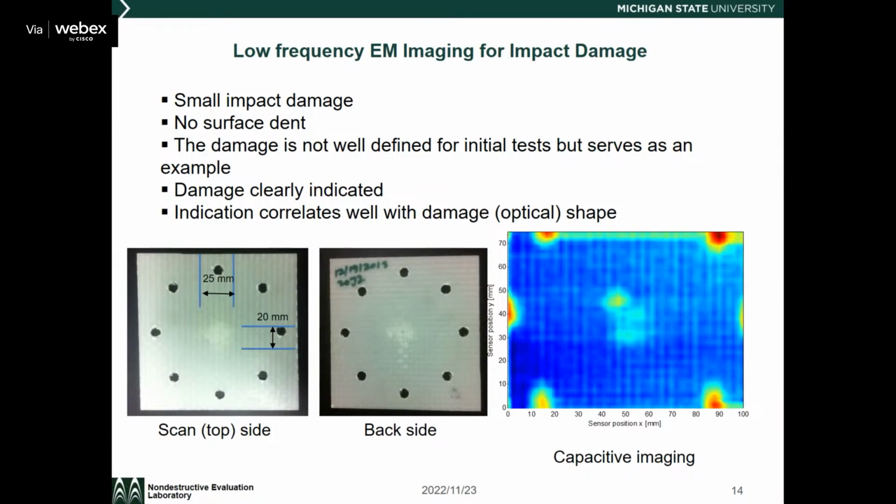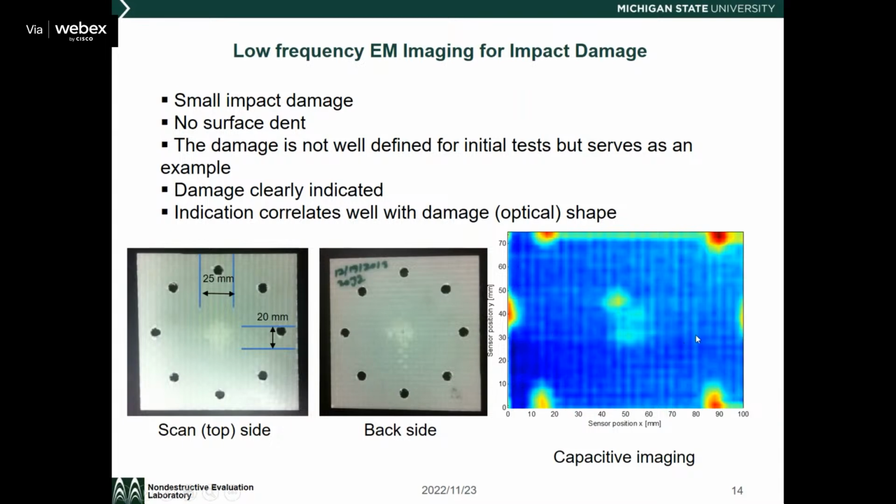So you can also have, for example, impact damage imaged using an EM sensor. This is an example where, of course, the holes can be easily imaged, but when you have an impact to the structure, you'll have fiber breakage and delamination at the subsurface level. Of course, from the surface, you can see something, right? But how can you actually quantify that using NDE imaging and inversion of that?